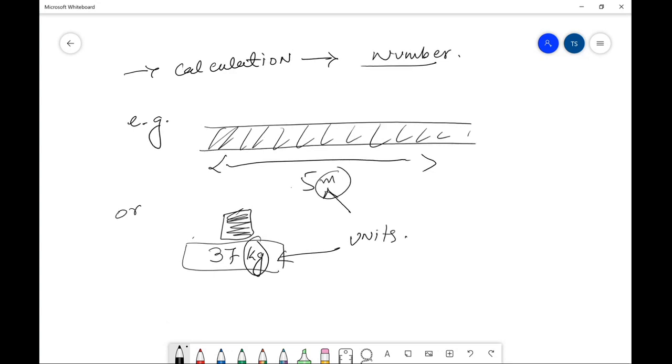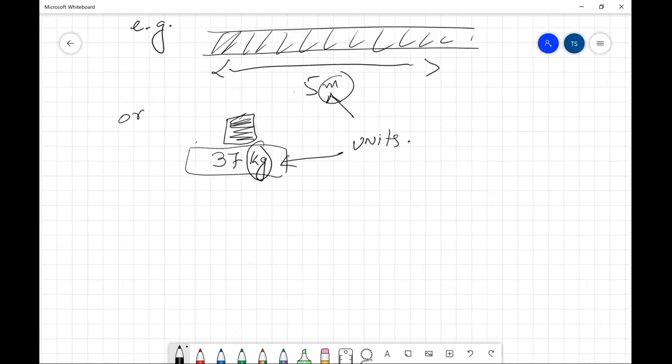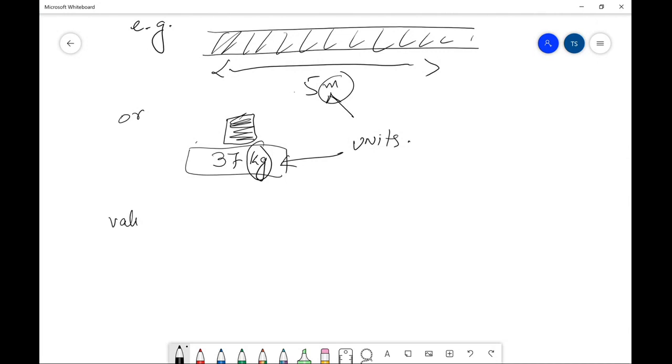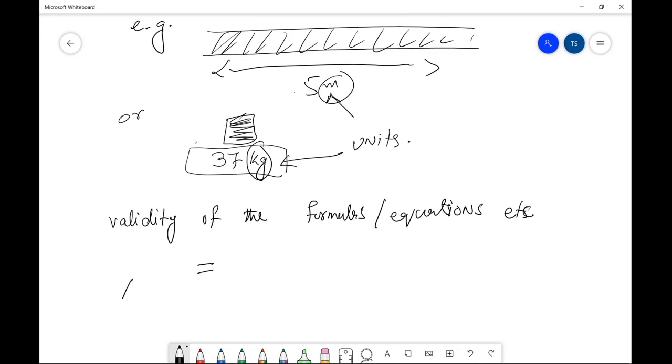So analysis of the units in such a way that we can check the validity of formulas, equations, etc. Basically, both sides of the equalities can be tested in terms of the units.